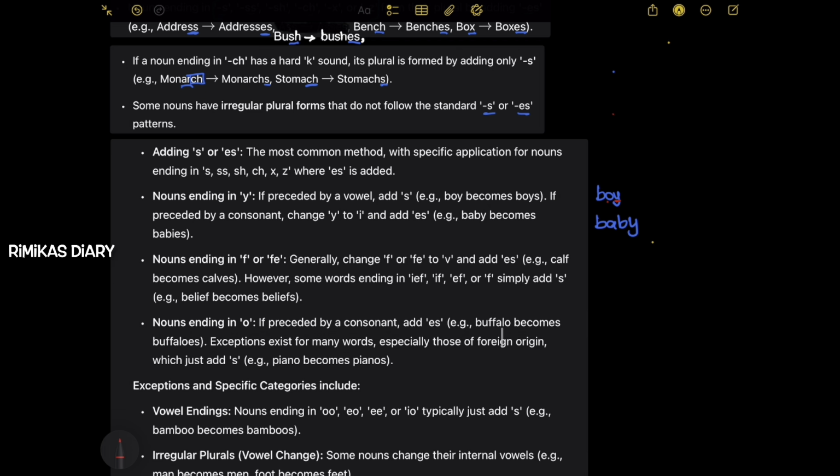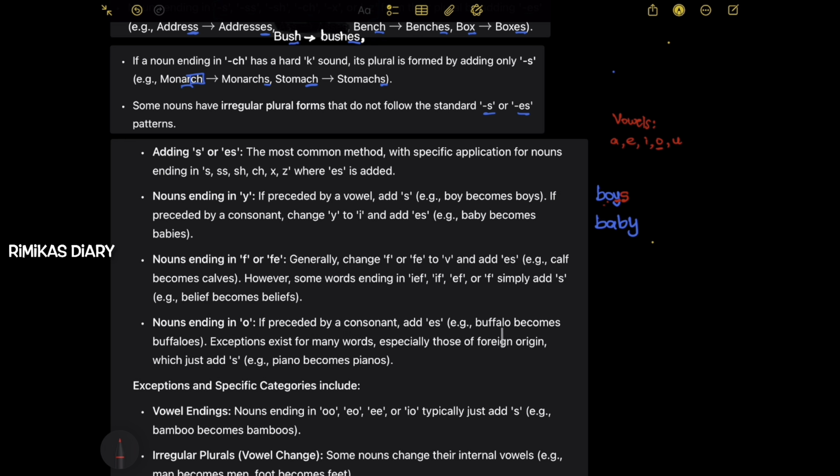Is o a vowel or consonant? It's a vowel. The vowels are a, e, i, o, u. So whenever a word ends with y and there's a vowel before that letter, we add s at the end. So boy becomes boys.